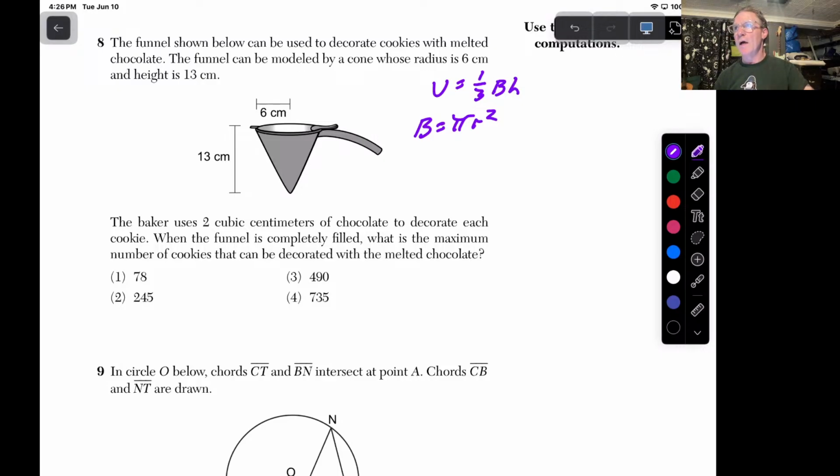So we can figure that out. Pi r squared, so the radius is 6, and this is our height. So we can just write in, volume is 1/3 pi r squared, which is 6 squared, times the height of 13.